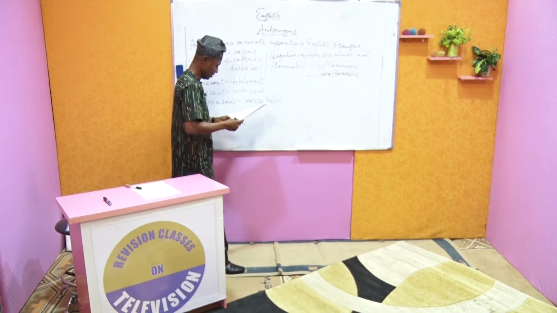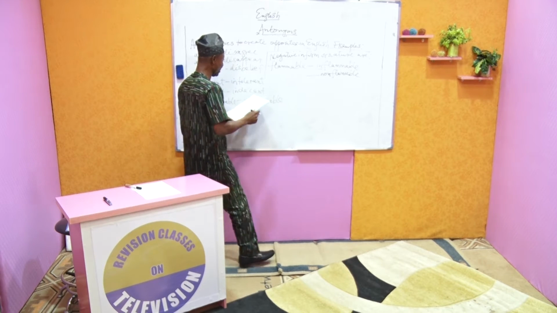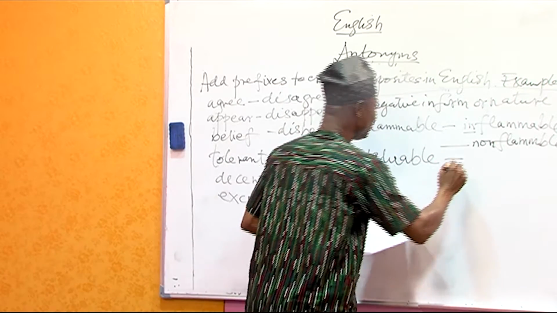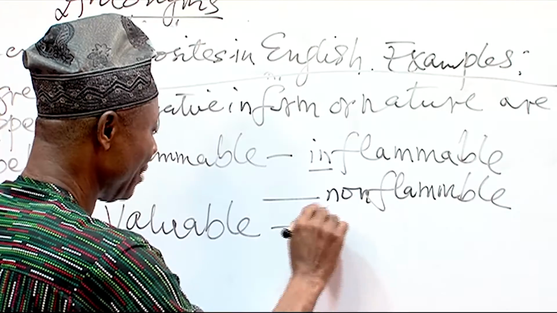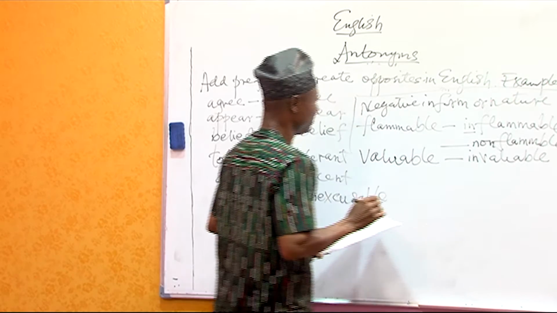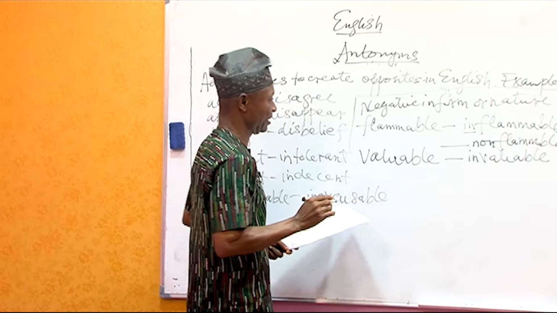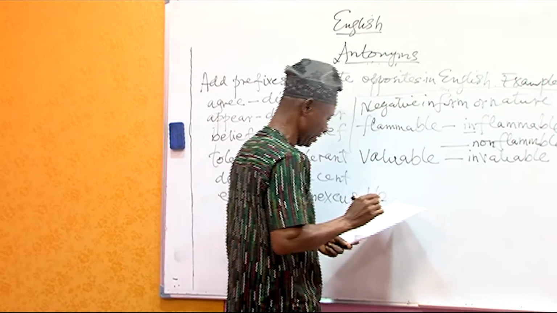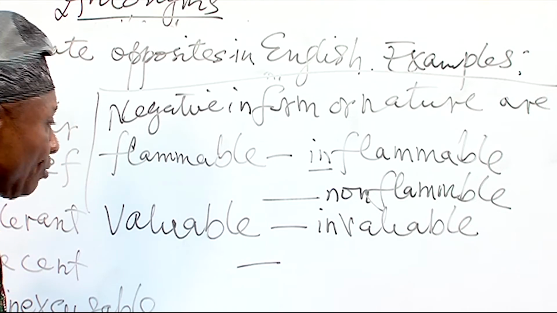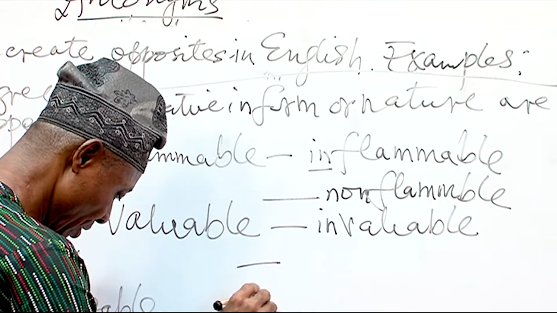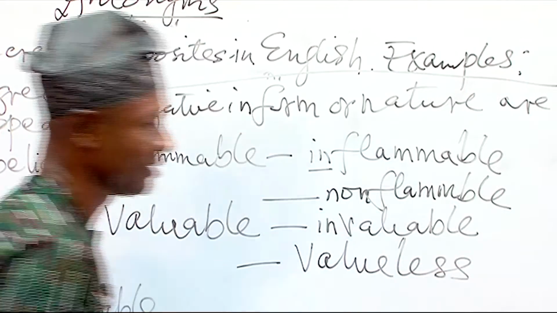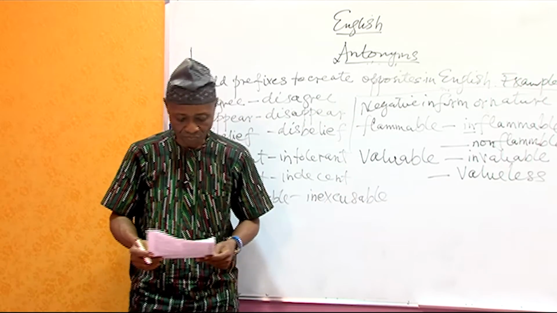We have so many examples of that. Another word is valuable. Valuable means the same thing as invaluable. But originally, these two words cannot be used as opposites, even though one is negative to the other. Now, the opposite of valuable as well as invaluable is valueless. So please, students or candidates should take note of this.